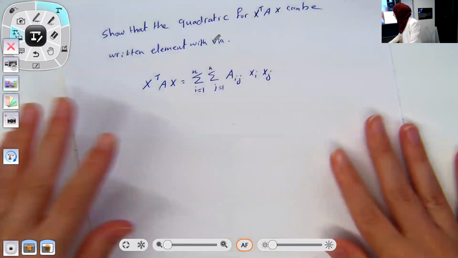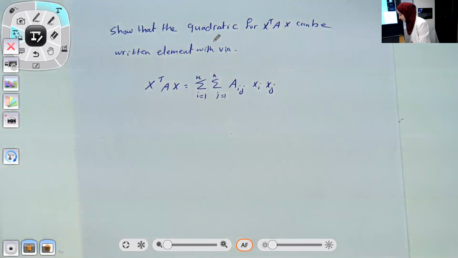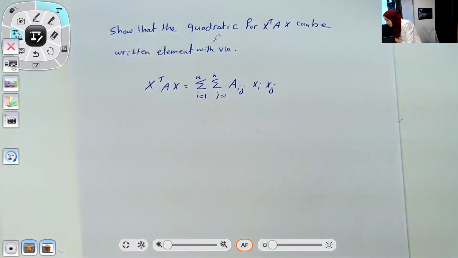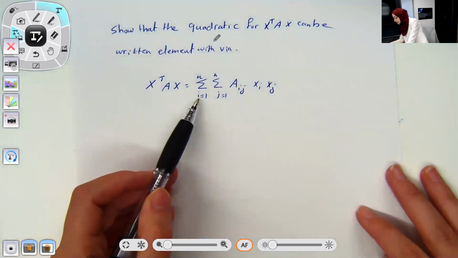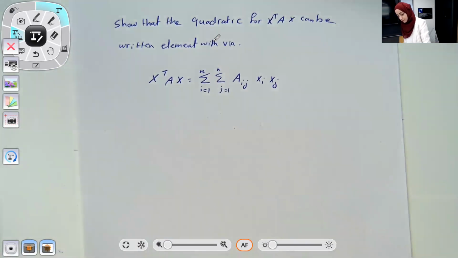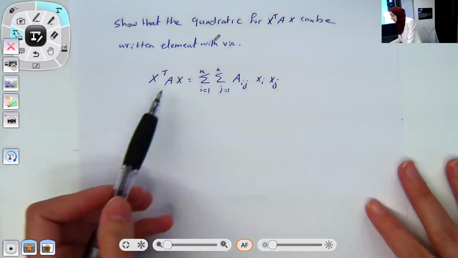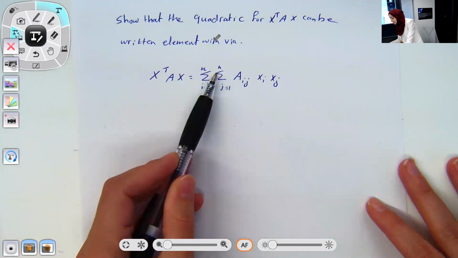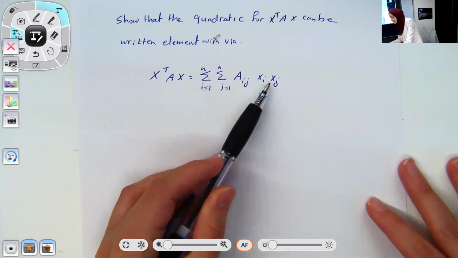We need to prove a question here. They ask you to show that the quadratic form X transpose AX can be written as the summation from i equal 1 to n, summation from j equal 1 to n, Aij xi multiplied with xj.